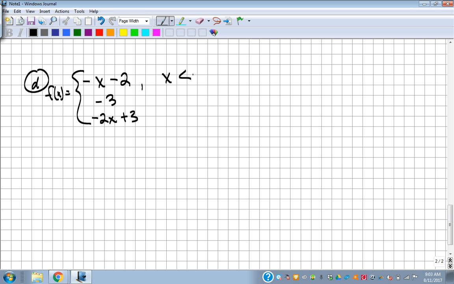Let's do this one for x is less than negative 4. This piece for negative 2 less than x less than or equal to 3. And let's do this one for x's that are greater than or equal to 4.